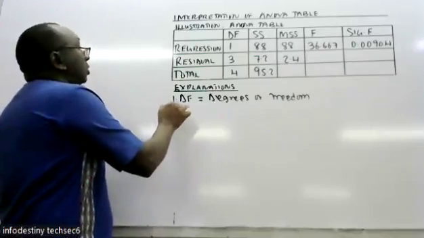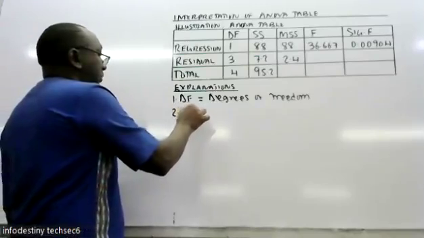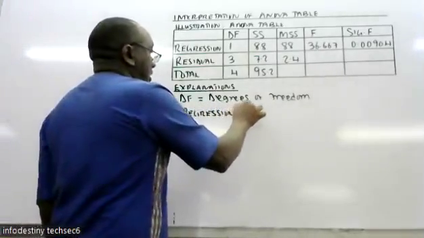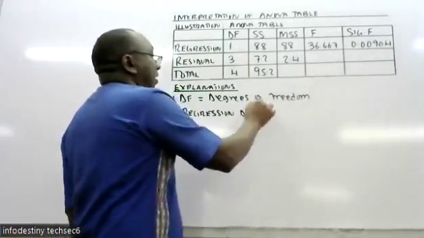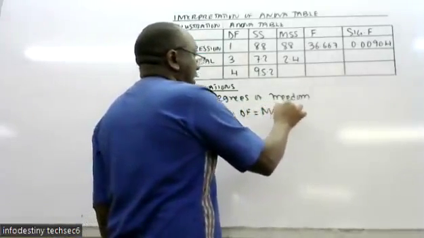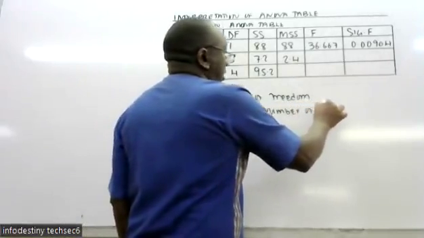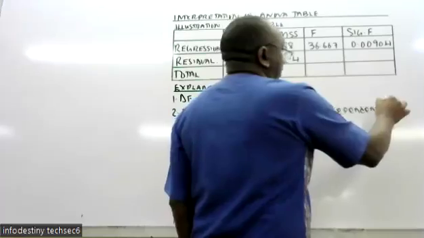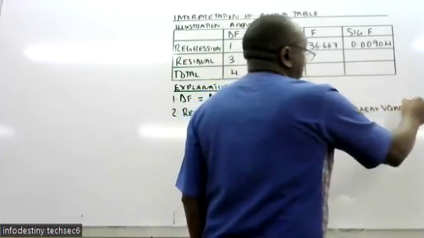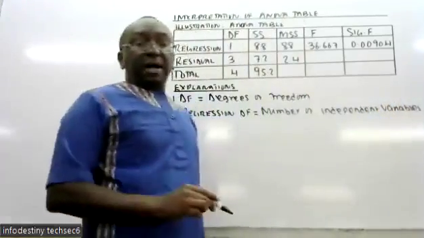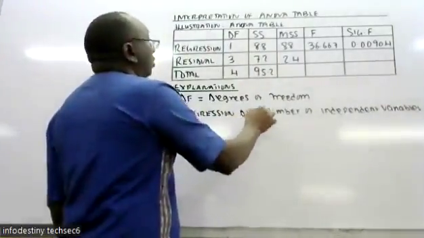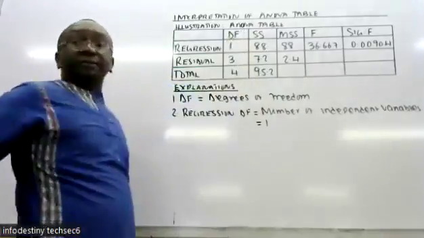Number 2, regression DF. Regression DF is the number of independent variables. In this case, it is equal to 1.